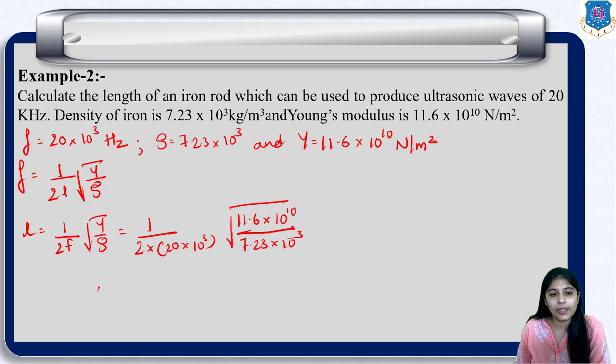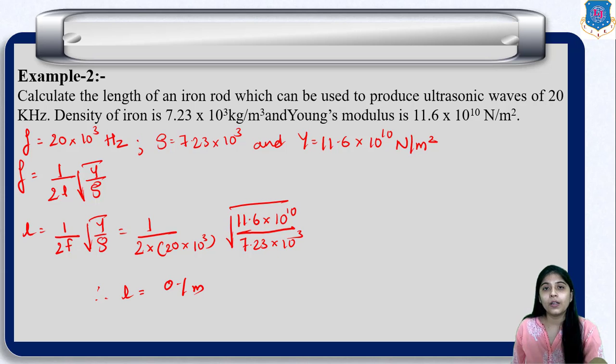In this way the length of the rod will be 0.1 meter. If all the other parameters are given, for example length, density and Young's modulus, then you will be able to find the value of the frequency.